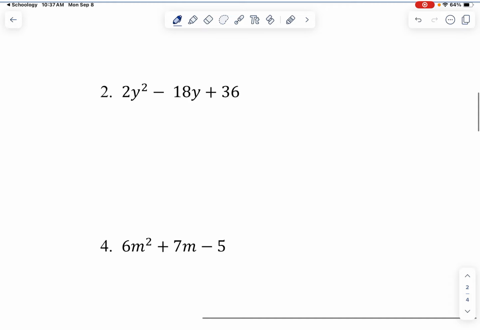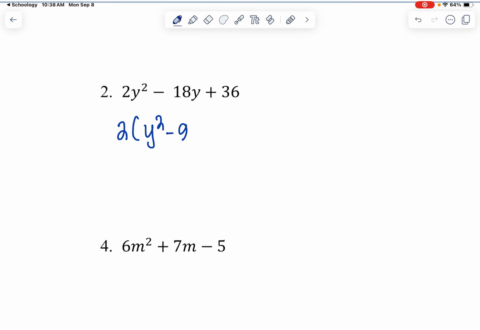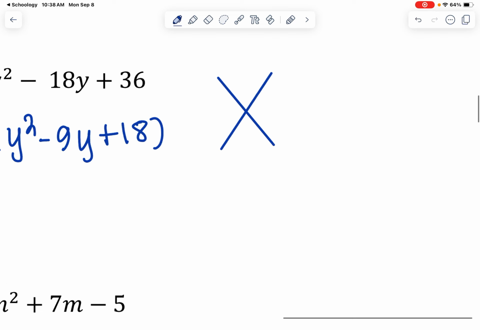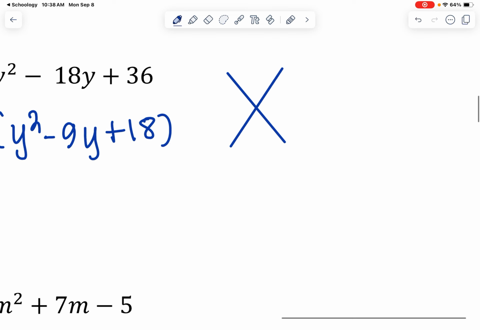All right, the second one here, first thing I look for is a GCF. These three terms have a 2 in common, so I'm going to start by factoring that out. And now I have a trinomial left inside my parentheses, so I'm going to try to factor that. So for the trinomial, I'm not looking at the 2 here, I'm just looking at this, okay?